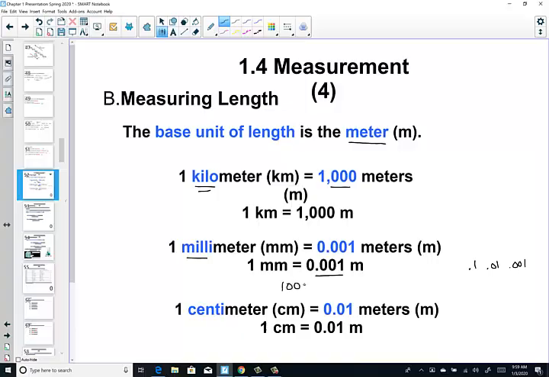It would take 1,000 millimeters to equal 1 meter, as another way of thinking about those relationships. And a centimeter represents 100th of a meter. It would take 100 centimeters to be equivalent to 1 meter. Another way of thinking about those relationships. The smaller the unit, as in centi, the more zeros it has to equal the base unit.